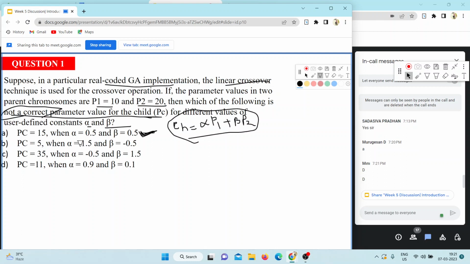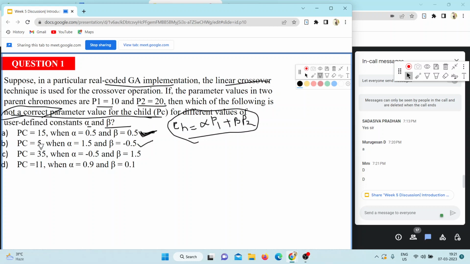Now let's see the second one. That is 1.5 into 10, that is 15, and minus 0.5 into 20, that is 15 minus 10 is 5. So again this is also right. Third is alpha minus 0.5: minus 0.5 into 10 is minus 5, plus 1.5 into 20 is 30.